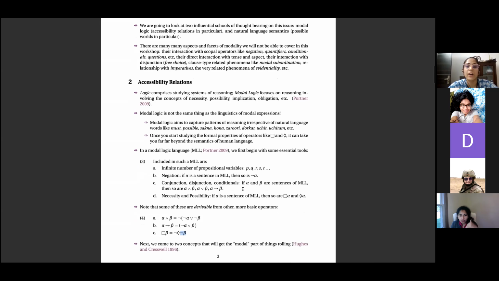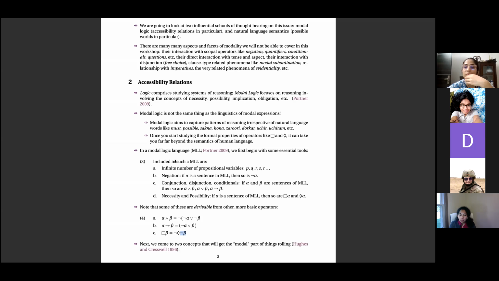Okay, I have a question. Oh, yes. Here you have said that if alpha is a sentence in MLL, then so is the negation of alpha, right? So if I have verbs, when you have verbal morphology like done and undone, how do you incorporate that? You're negating the verb by morphology, but it's not a sentence. So how does that work?